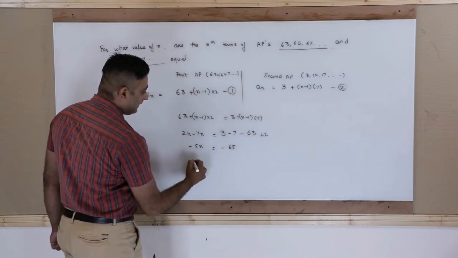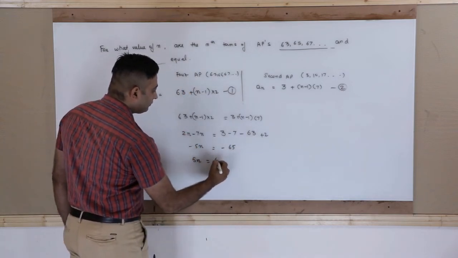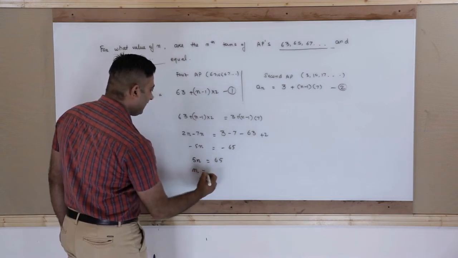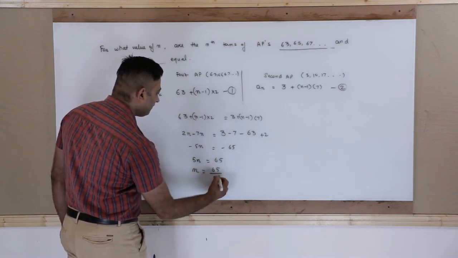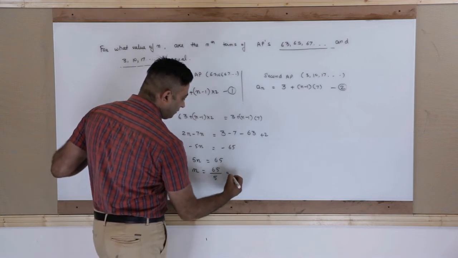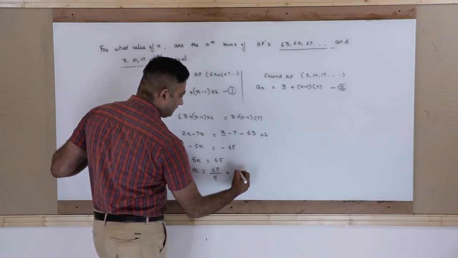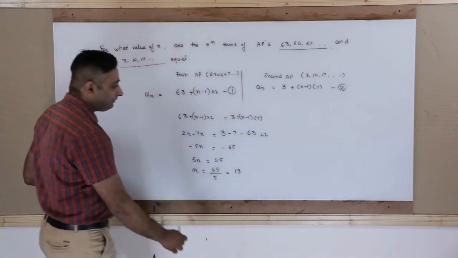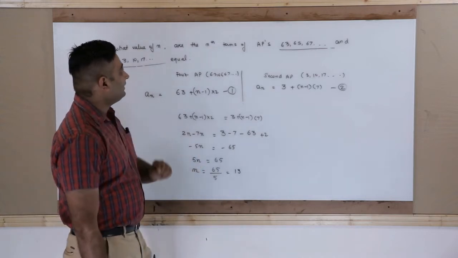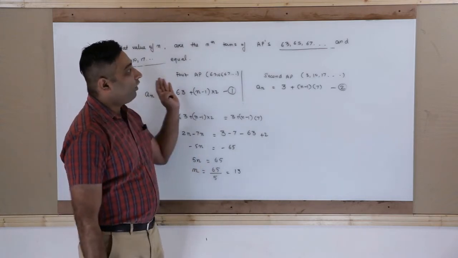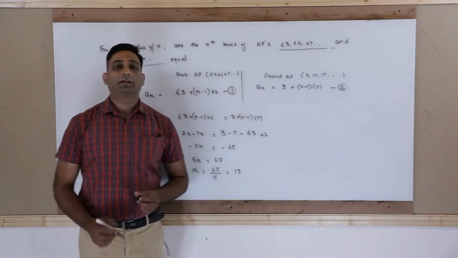That means 5n is equal to 65. That means n is equal to 65 divided by 5, which is equal to 13. So that means for n equal to 13, the nth term of these two APs are equal.